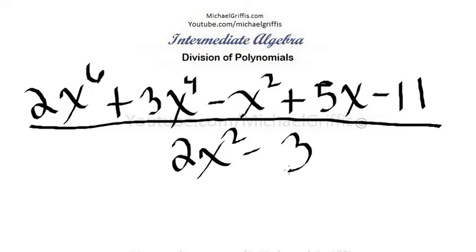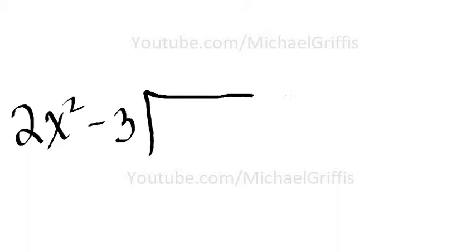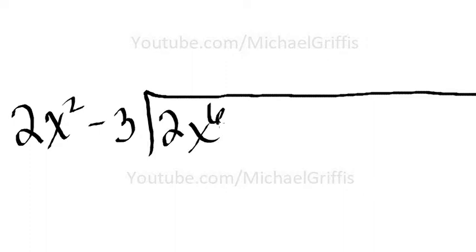All right, let's rewrite. I'm going to rewrite this, if you don't mind. 2x squared minus 3. And it's going into 2x to the 6th plus 3x to the 4th.